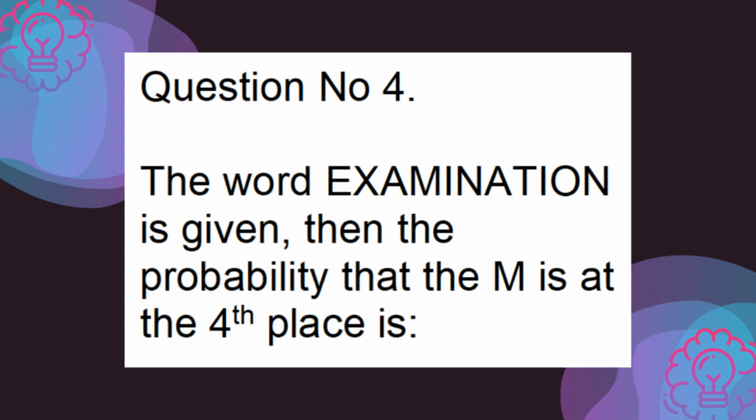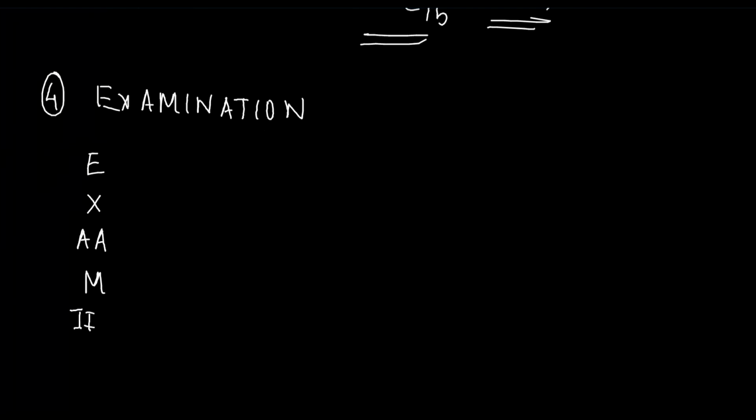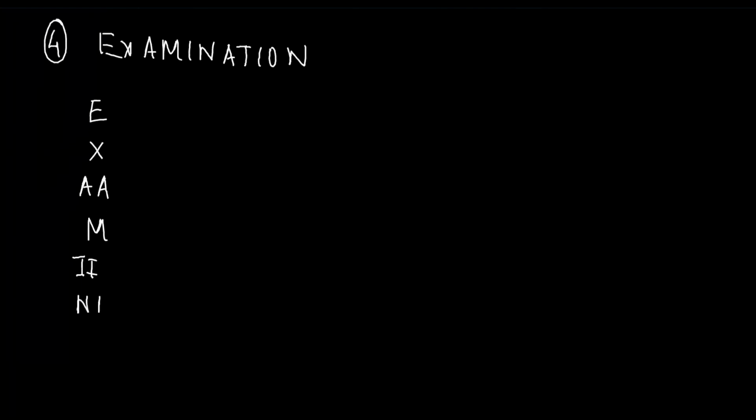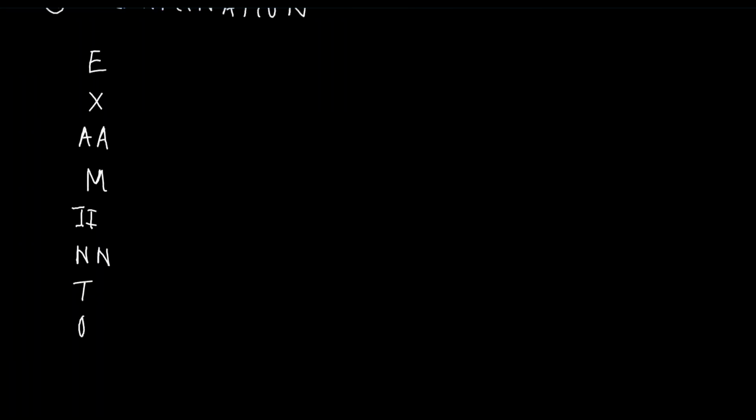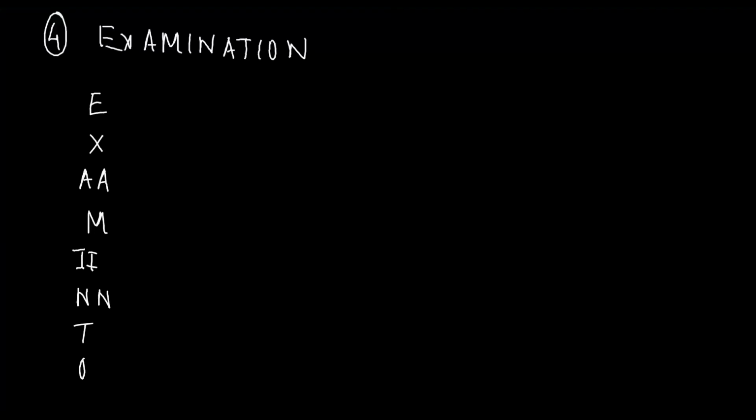Now in examination we have E1, that means we have 1 E, X is also 1, A is 2, M is 1, I is 2, okay, N is 2, that means 2 in numbers, and P is 1, and O. Okay, so these are the terms, that means these are the letters we have.